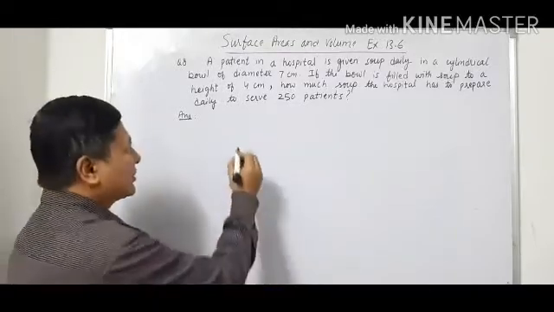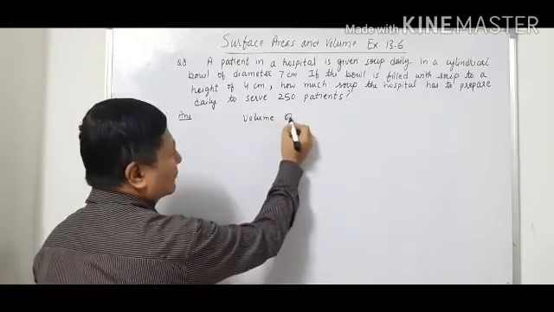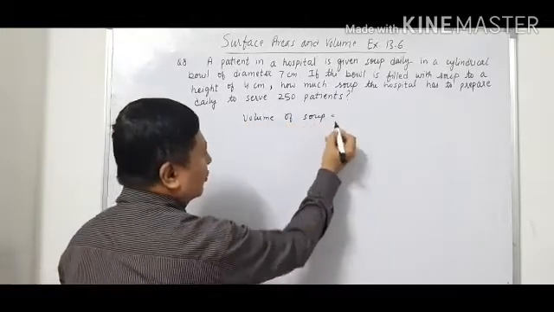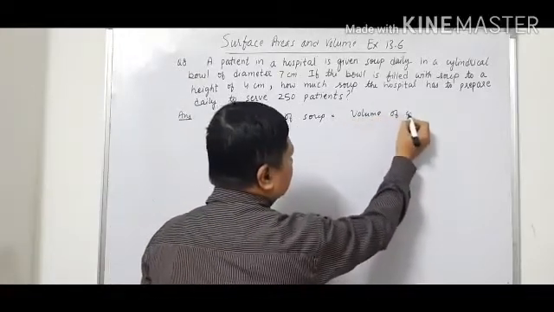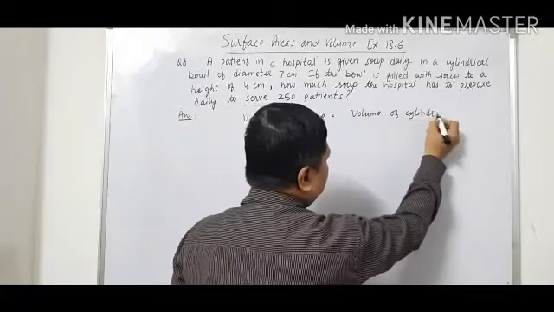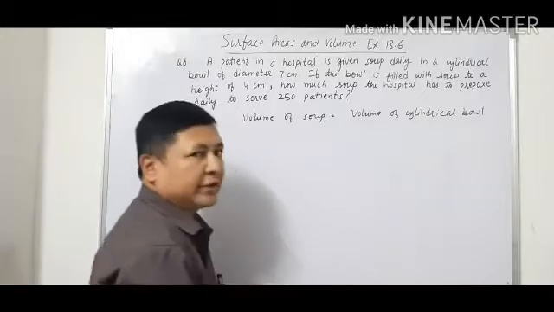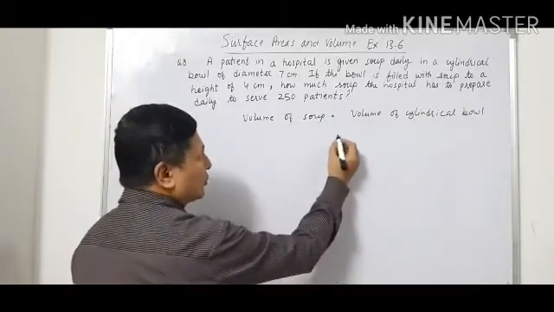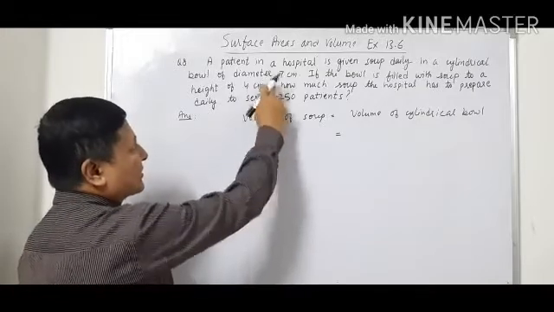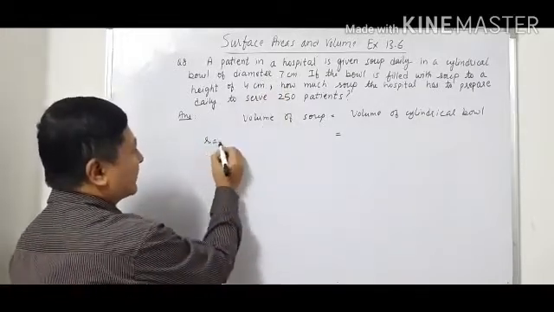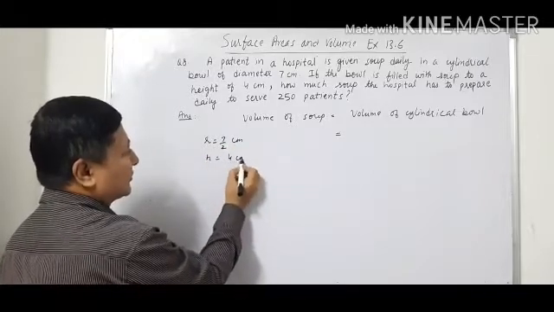First we will find the volume of soup in one bowl. The volume of soup in one bowl will be equal to the volume of the cylindrical bowl filled up to a height of 4 centimeter. First, what is the radius? The diameter is 7 centimeter, so the radius will be 7 upon 2 centimeter, and the height is 4 centimeter.